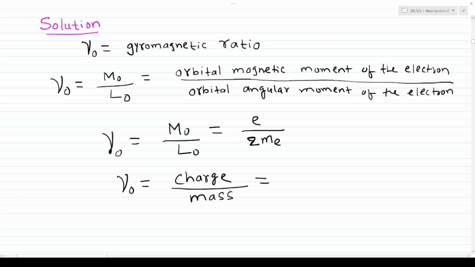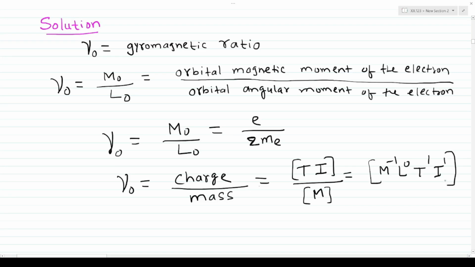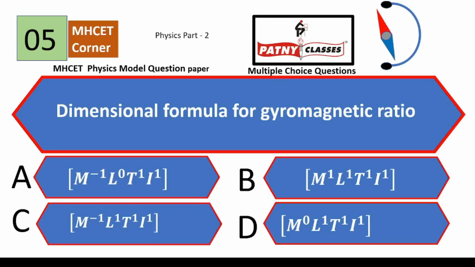Therefore, selecting charge upon mass. The dimensional formula for charge is given by T into I, and mass is nothing but M, which on simplification gives M raised to minus 1, L raised to 0, T raised to 1, and I raised to 1. Therefore, option A is correct.